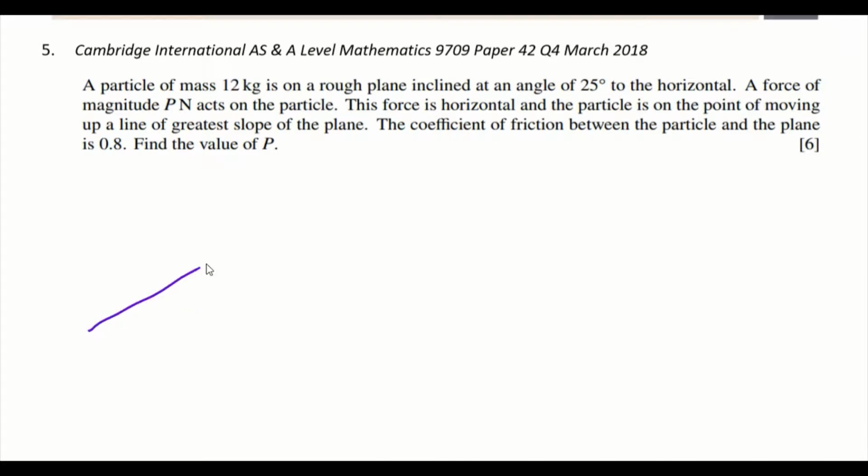Okay, so this side and this side. So we know that this is 25 degrees. So we have this particle of a mass of 12 kg. So we can try to put it like this. Okay, so this is the 12 kg. So it creates a weight of 120 Newton, right?